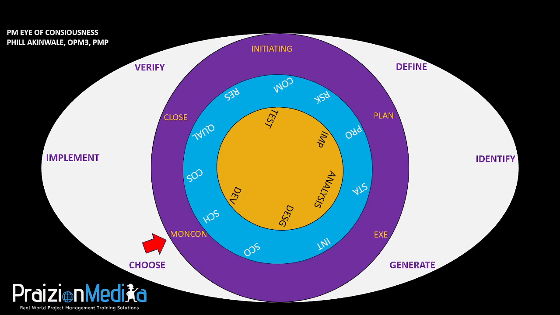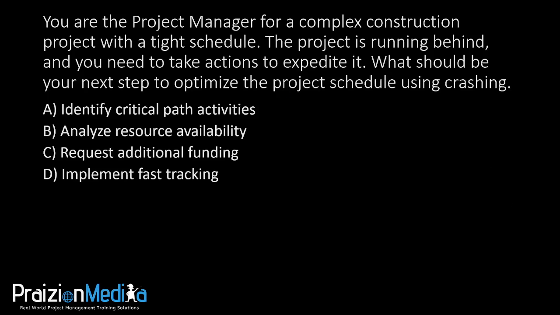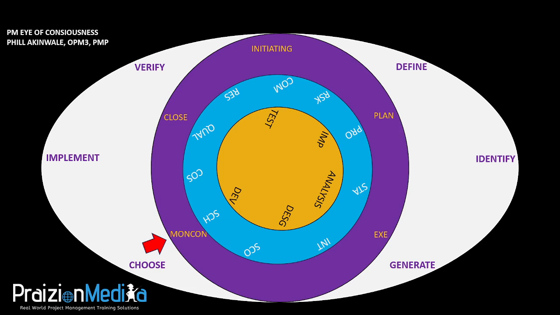What is the problem? Let's go back to the problem. So as you can read, it says the project is running behind and you need to expedite it. So actually, when you look at this, we've defined a problem. We don't know why exactly that's happened, but we are forced into some alternatives here.